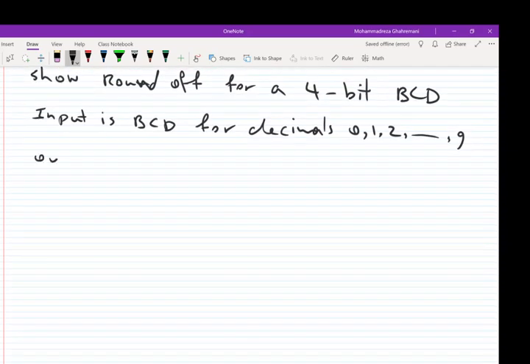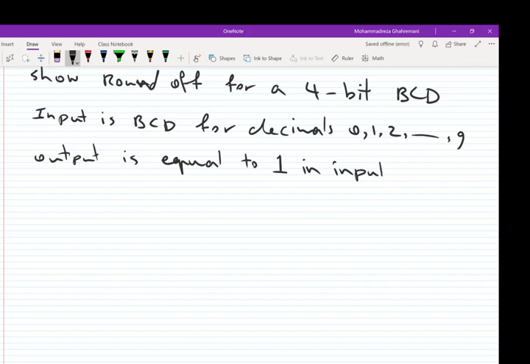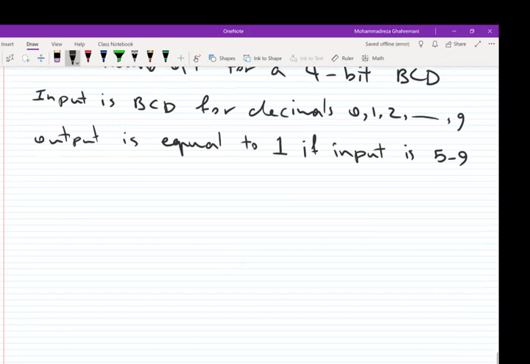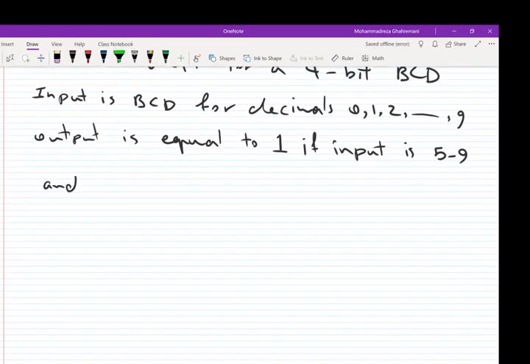Output is equal to 1 if input is 5 to 9, and 0 otherwise.